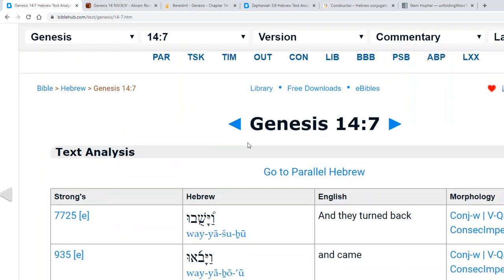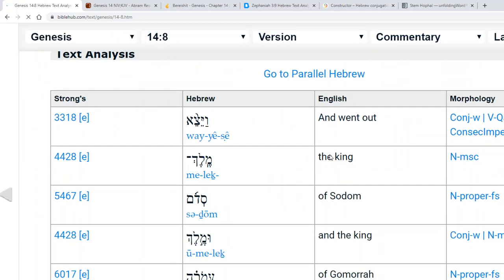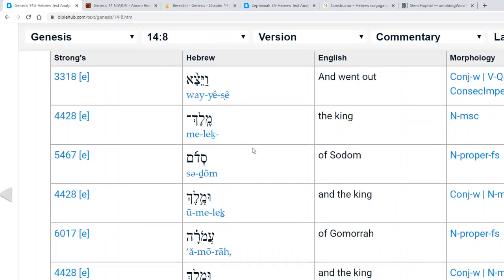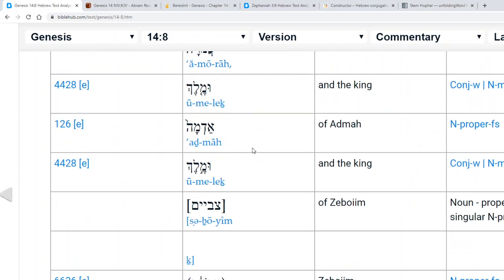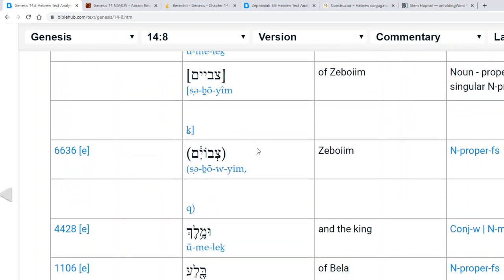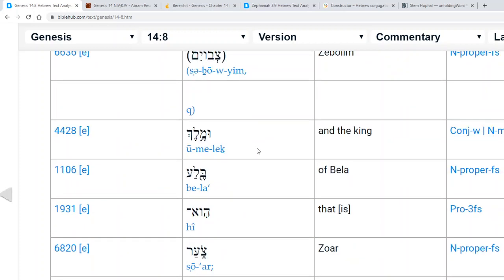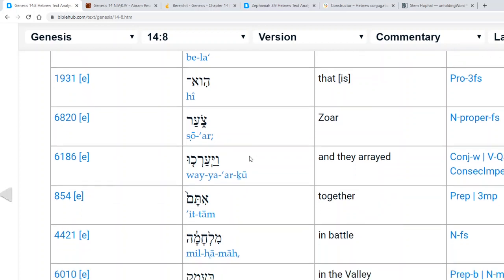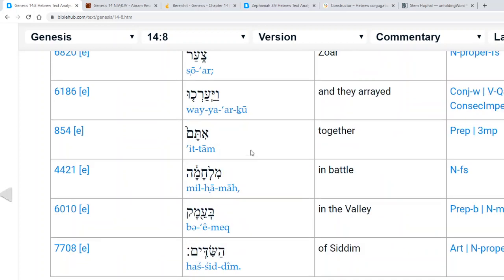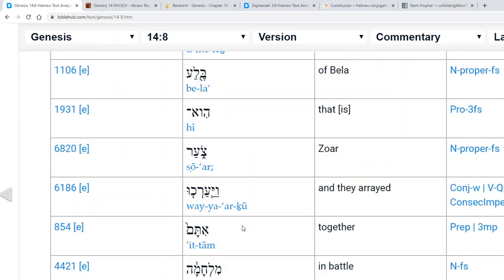Verse 8. Vayetze melech Sdom umelech Amora umelech Adma umelech Tzevoim umelech Bela hi Tzoar veyarhu itam milchama be'emek hasidim.